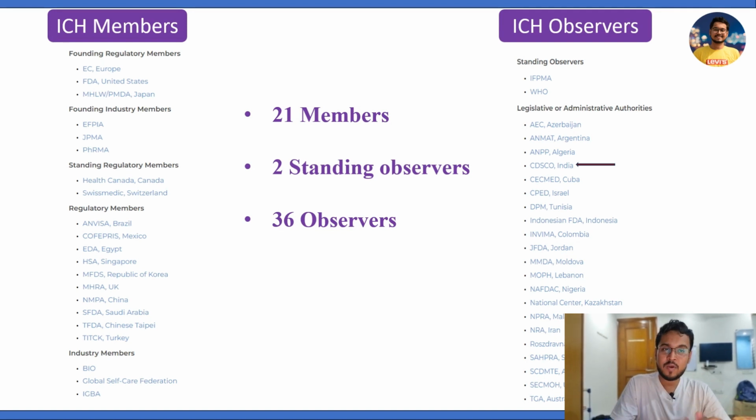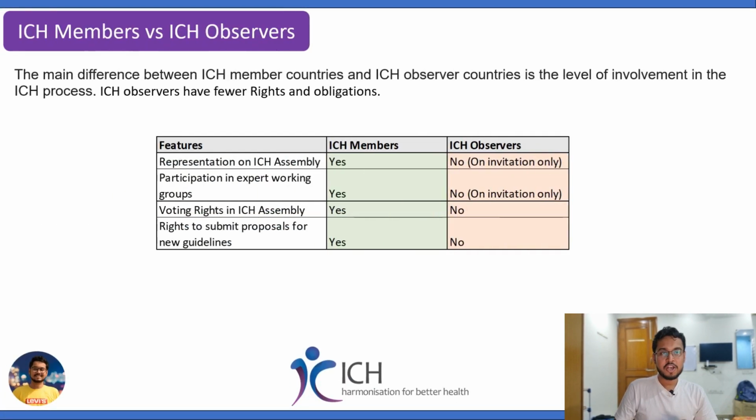Now you might be wondering, what is the difference between a member and an ICH observer? Let me tell you, there is a huge difference. The main difference between a member and an observer is the level of involvement in ICH activity and also the level of rights and obligations.